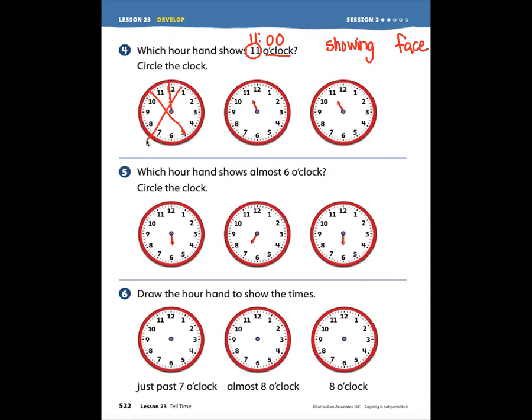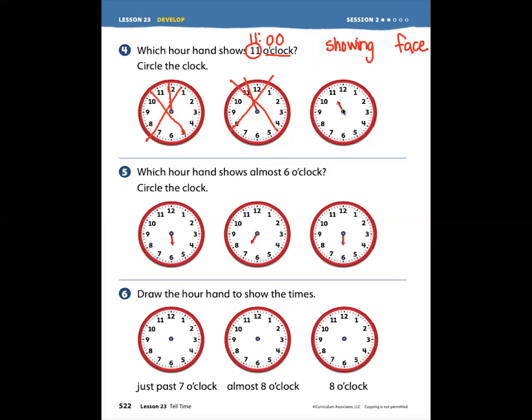This one is not pointing at 11. Here we have the hand, and if I look at it closely, it is pointing just past the 11, but not at the 12 yet. So this clock is not showing 11 o'clock.